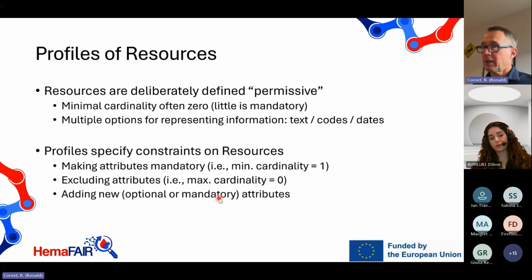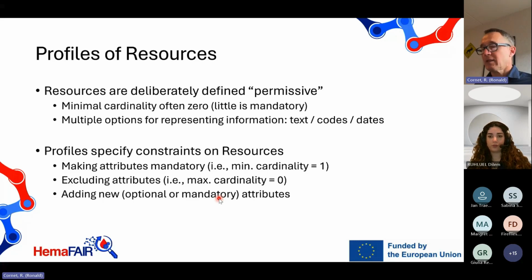So the resources are permissive. The minimal cardinality is often 0, meaning that very few attributes are really mandatory in a resource. Often multiple options for representing information are provided. So you can use text or codes or maybe dates, just like we saw with value.